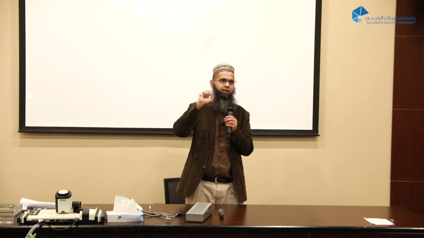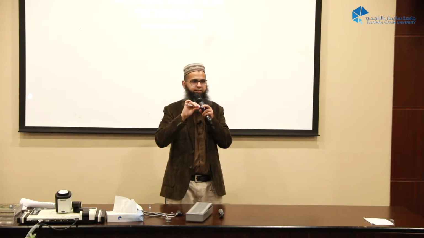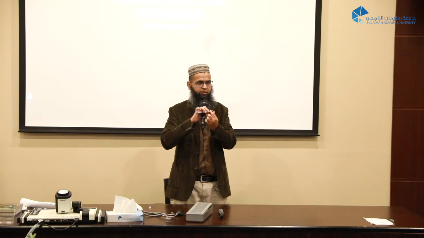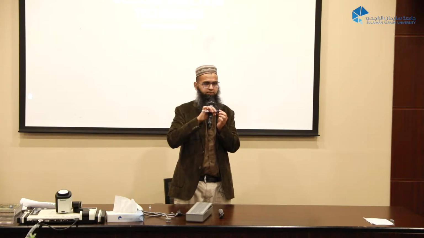If you go a bit upward, you will observe that there are numbers here. These numbers are insulin units, and attached to these numbers there is a pointer which shows how much insulin you have loaded. If you rotate this, after the insulin numbers you have the pointer. After the pointer, you have this dialer.